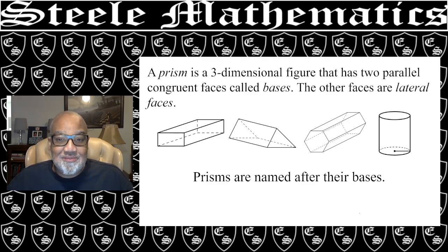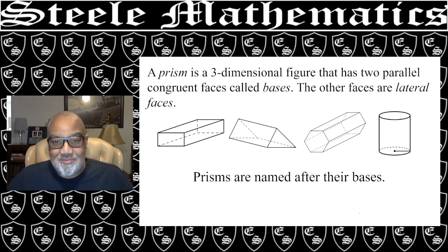The third prism is the hexagonal prism, because the bases are shaped like hexagons. Finally, you have a circular prism, because the bases are shaped like circles.